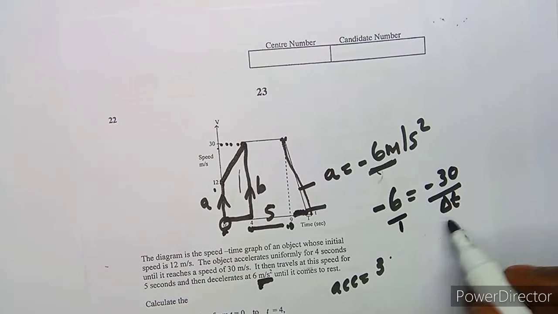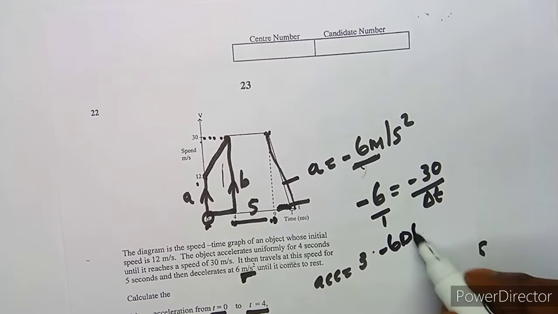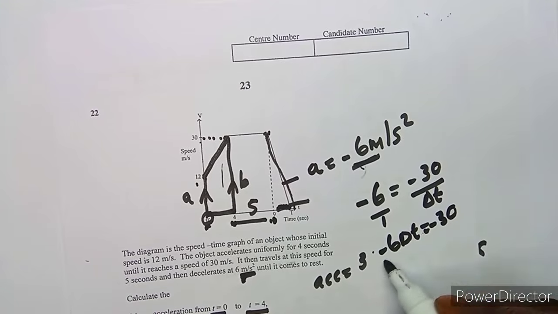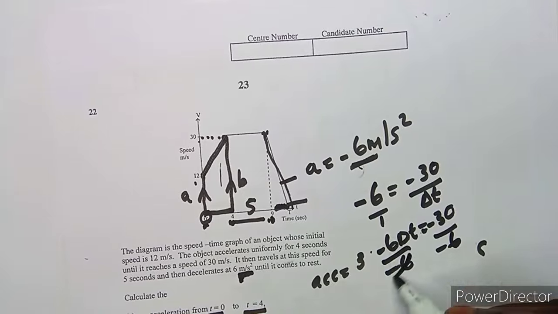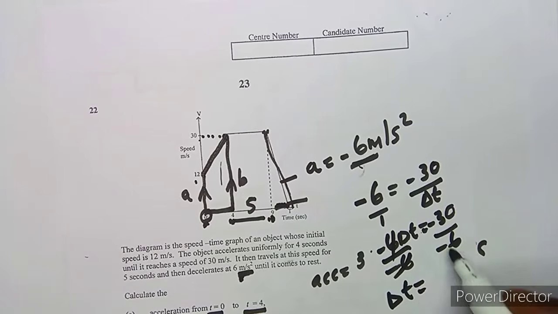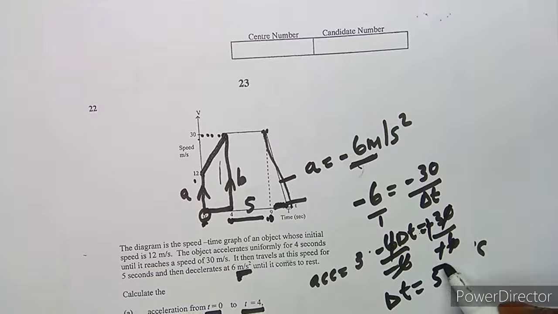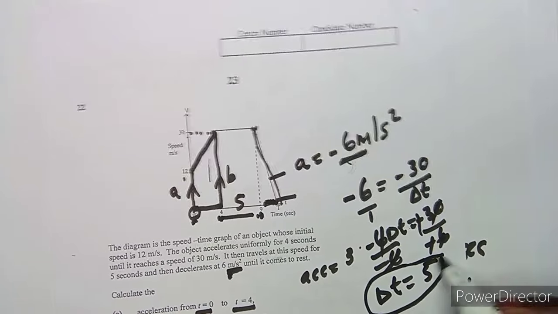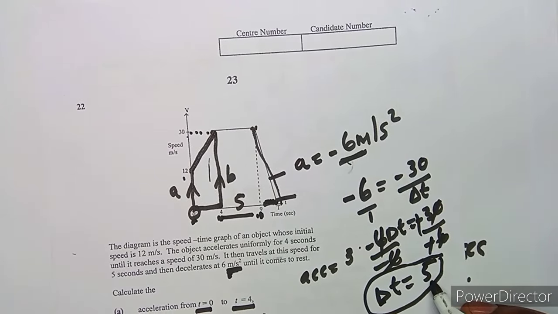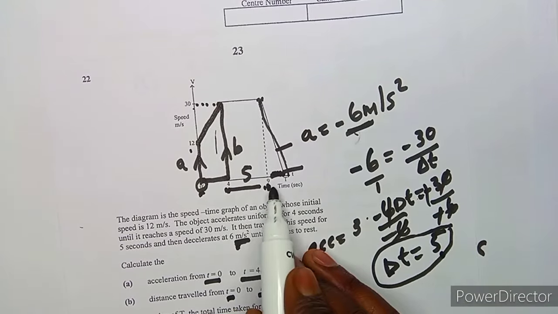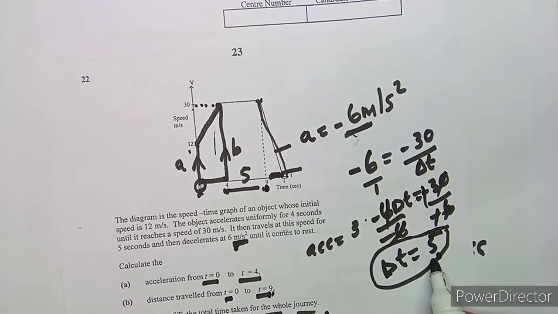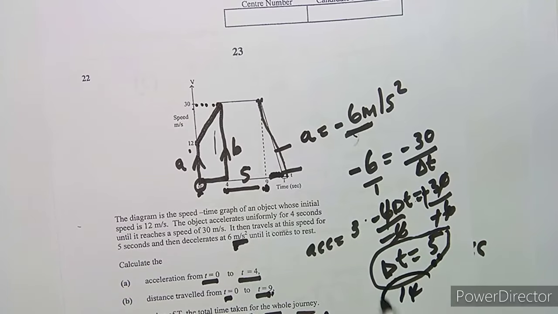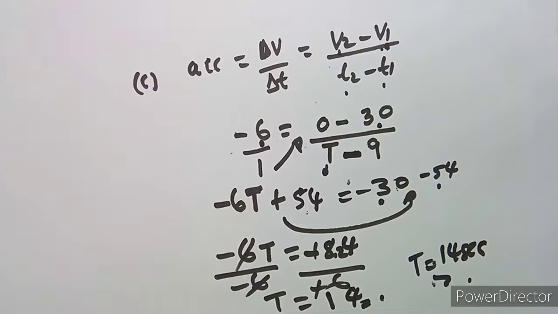If you find the change in time, it's going to be -6 times change in time is equal to minus 30, divide by -6 by -6, like this. So the change in time is going to be equal to 5. So if we have got a change in time of 5 seconds and we are at 9, we're going to add 9 plus that change, which is 9 plus 5. Still we are going to get that 14. So it's a matter of playing around with the questions, guys, as you can see that part.